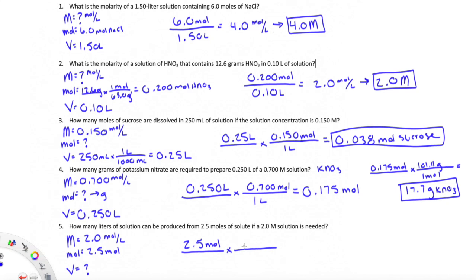And so I'm going to put the moles on the bottom here. So 2.0 moles for every 1 liter. Moles will cancel out, and that'll leave me with units of liters. And if I do that math in my calculator, it tells me I have 1.25 liters. That's my volume. That's the volume that I'm going to need.